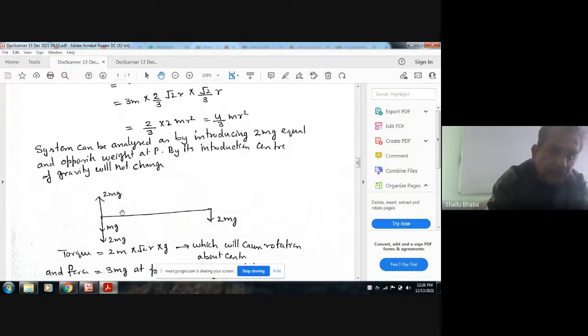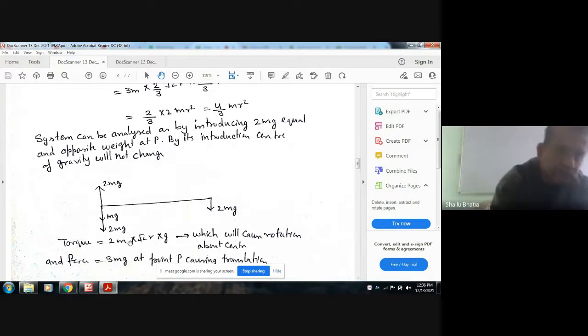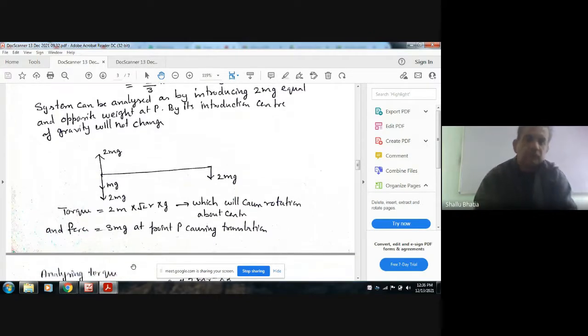The rotation will be due to 2m into the distance between them. For torque, we apply 2m here and 2m here. These 2m forces cause rotation, and the 3m will cause translation. So torque is 2m into root 2 R into g, and the force is 3mg at point P, which causes translation.